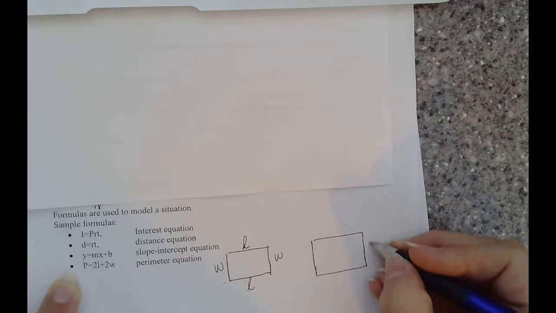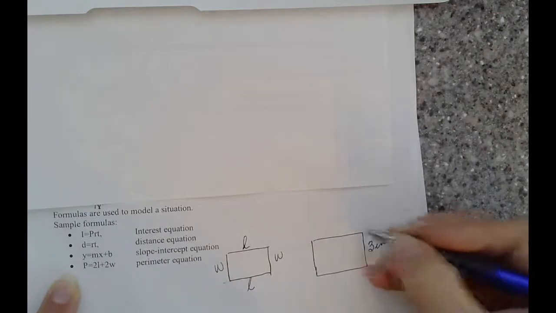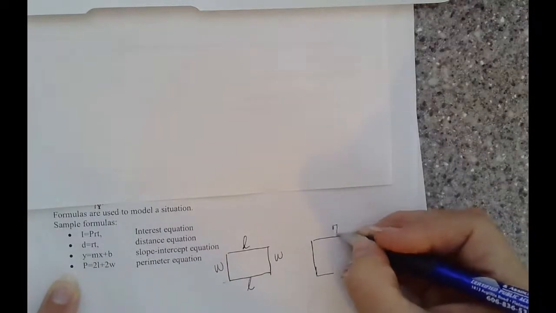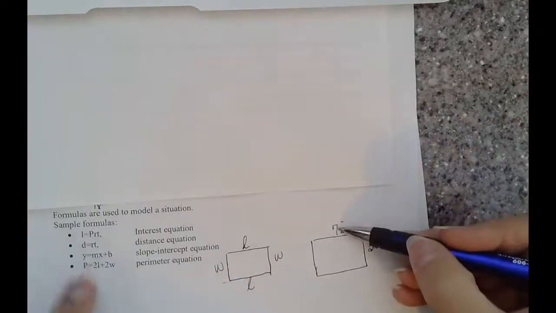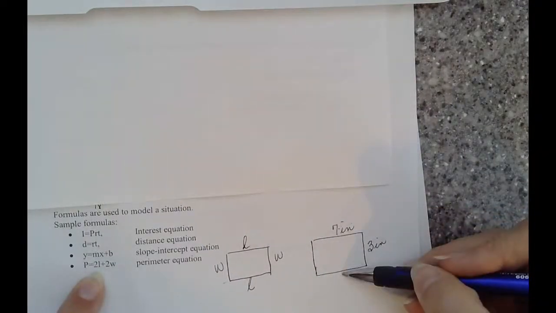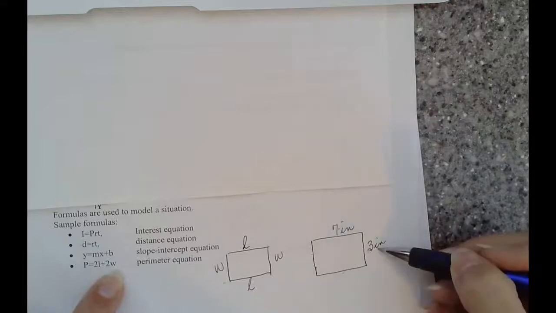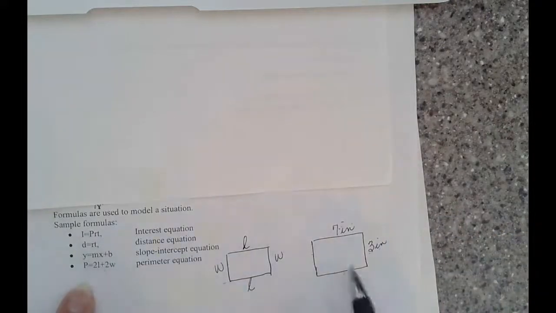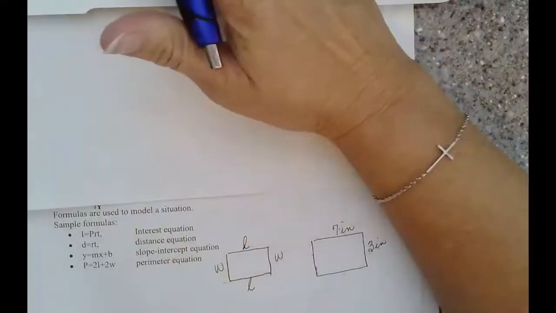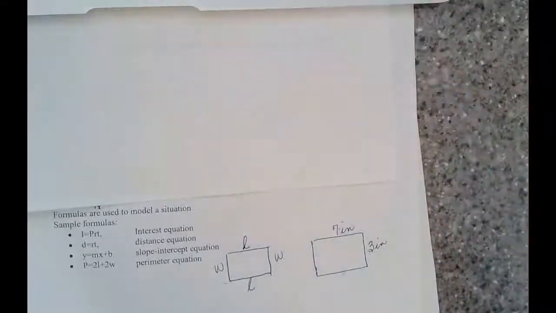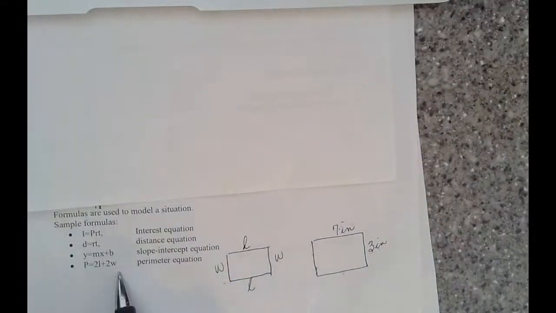So if you knew the width was, say, 3 inches and the length were 7 inches, you could say, well, I know there's 2 of the lengths, 2 sevens, plus 2 of the threes, and that would tell you the distance around. Or you could simply say it's 7 plus 3 plus 7 plus 3. This formula would help you to know the distance around your rectangle.